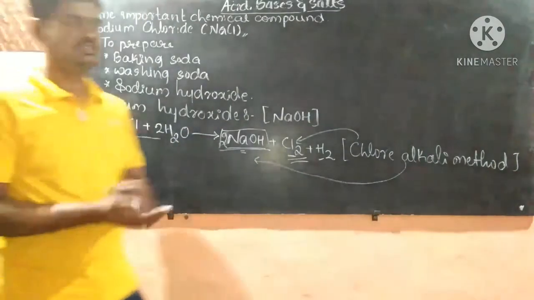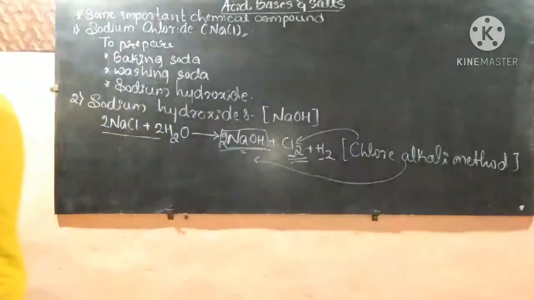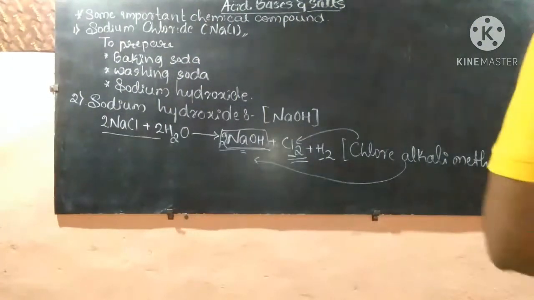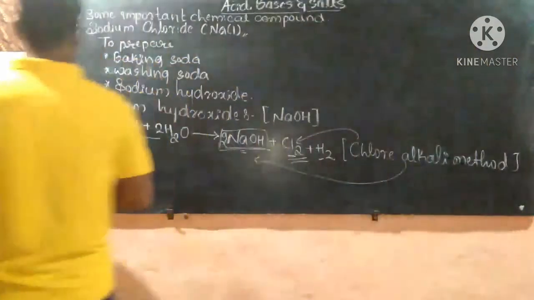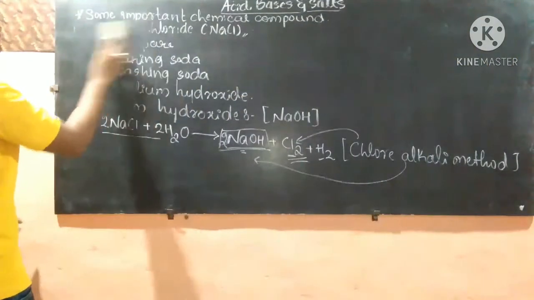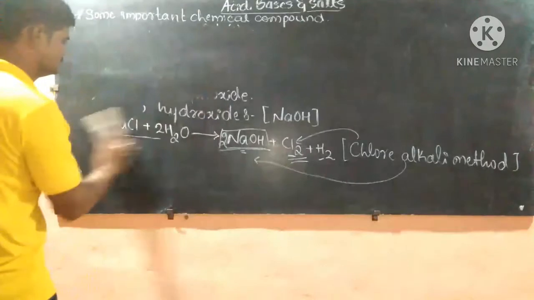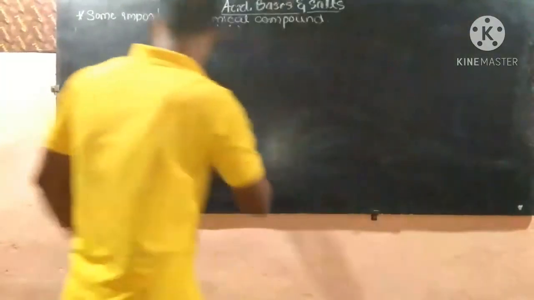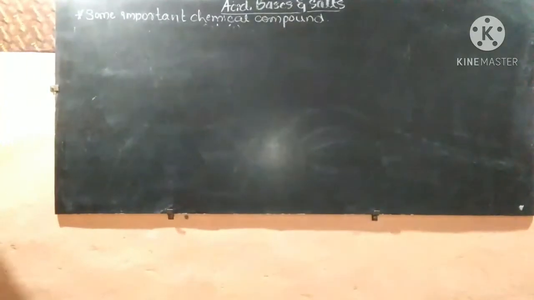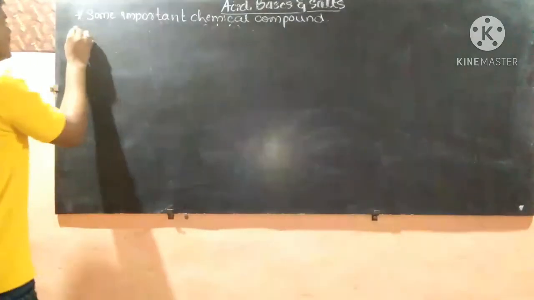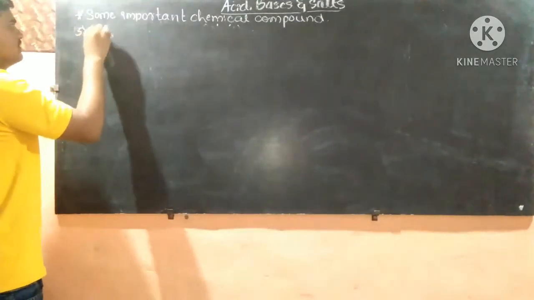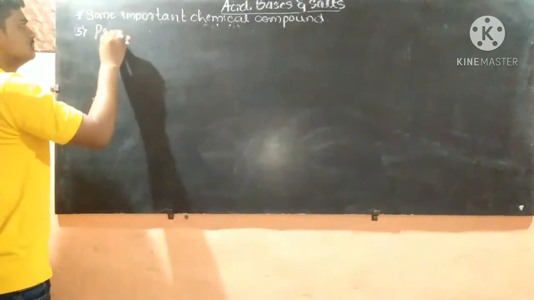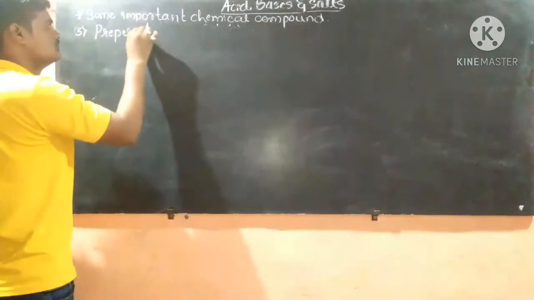And the next one is bleaching powder. Third one, the preparation of bleaching powder.